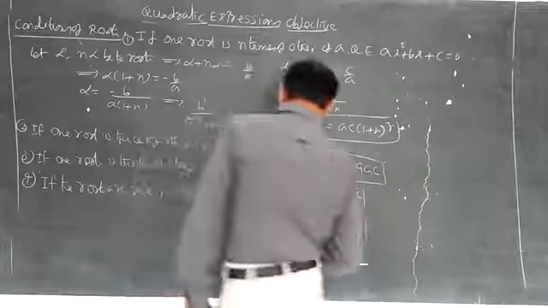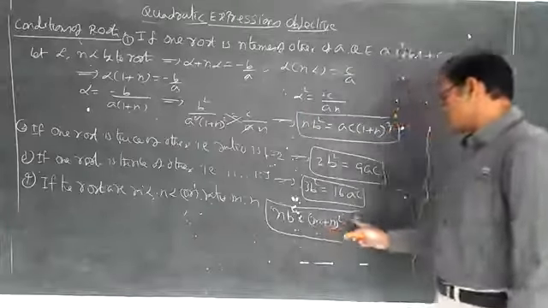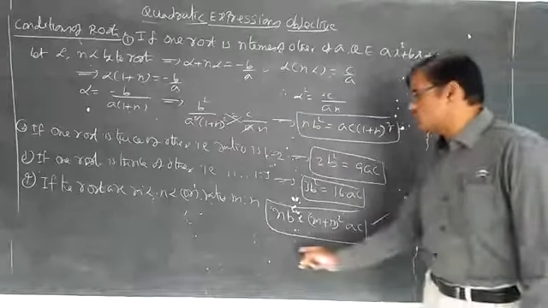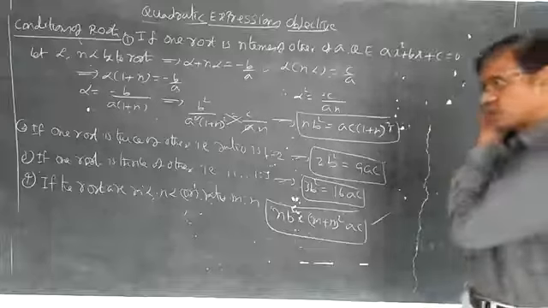If we put 1:3, m is 1. The formula condition is nb square is equal to m plus n whole square into ac.